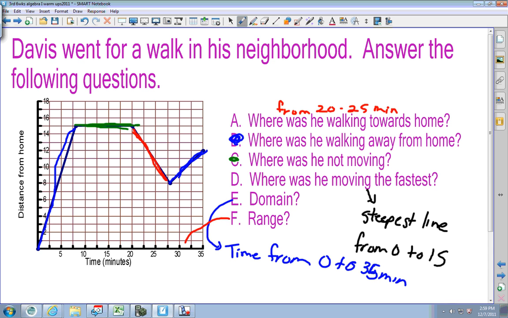My range is my distance, from 0 up here to, what is that, 14, 15, or from 0 to 15 miles maybe. It doesn't tell the distance from home in parentheses. It's just talking about the distance from home.